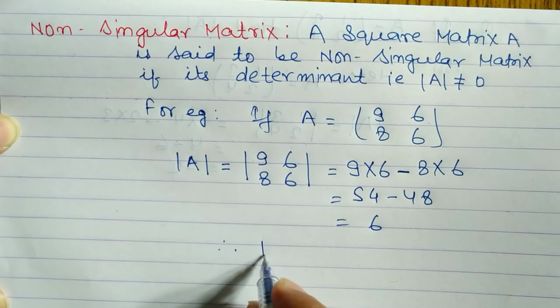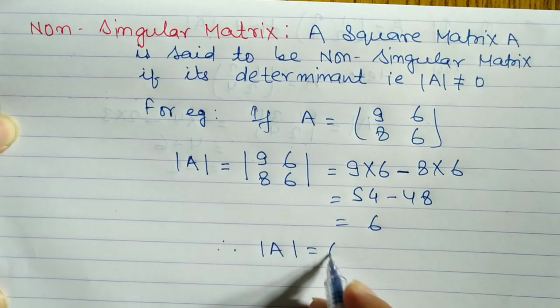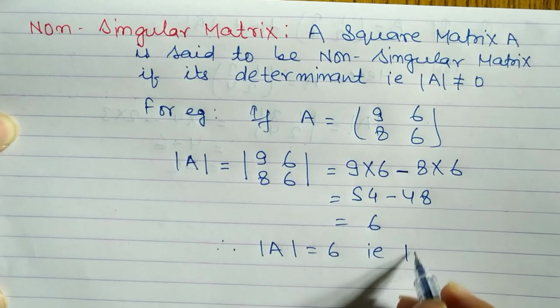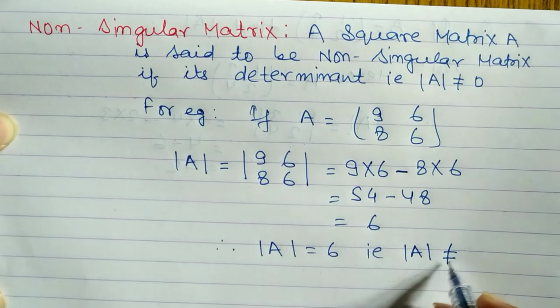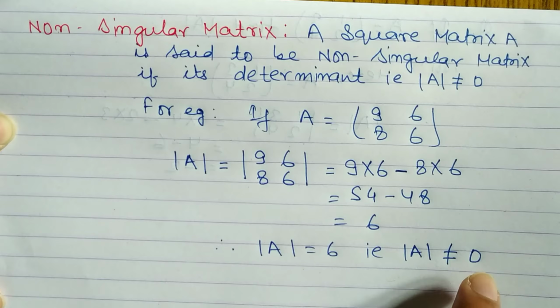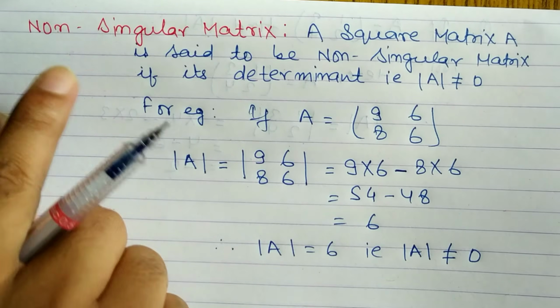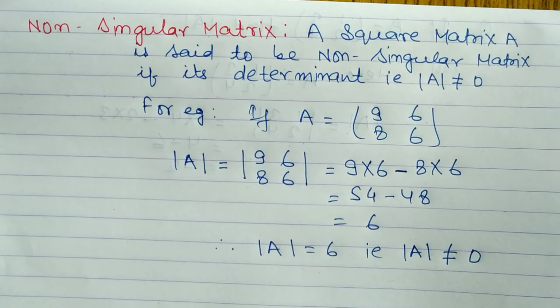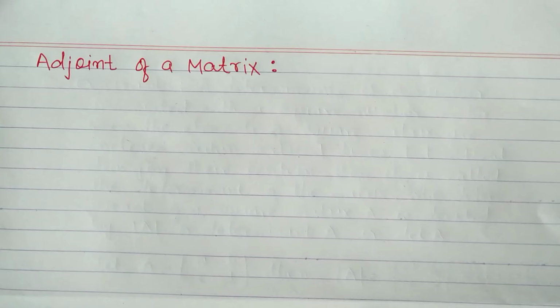So we can write determinant A is equal to 6, that is, determinant A is not equal to 0. So if determinant A is not equal to 0, then that type of matrix is known as a non-singular matrix. Now look at the definition of adjoint of a matrix.